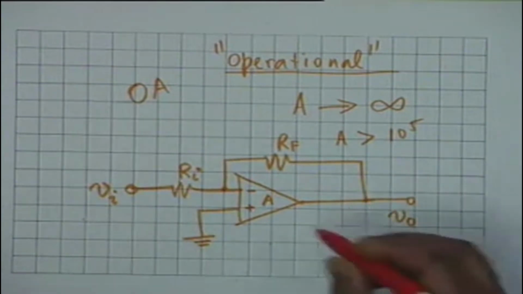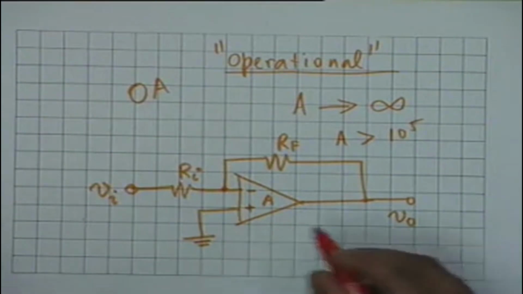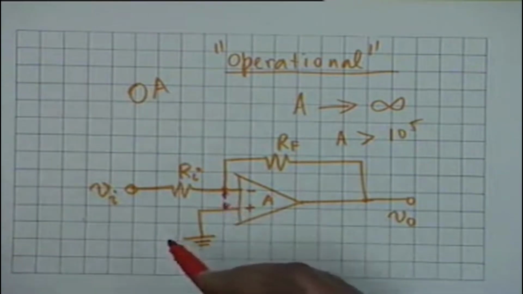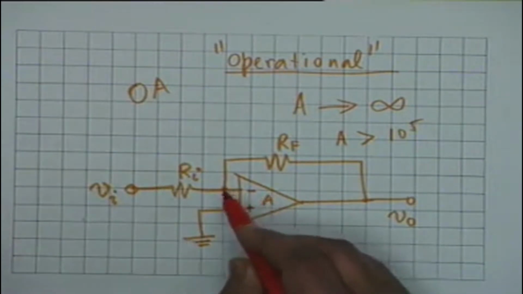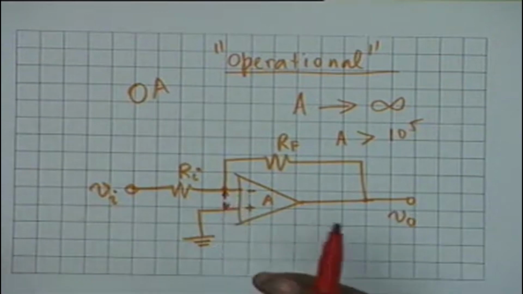Now because capital A tends to infinity, the voltage that appears between the two input terminals, you know V0 is equal to capital A times Vp minus Vn. Now if capital A tends to infinity, then what is Vp minus Vn?